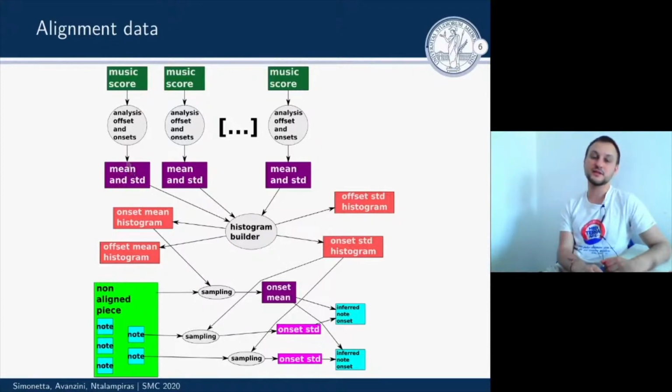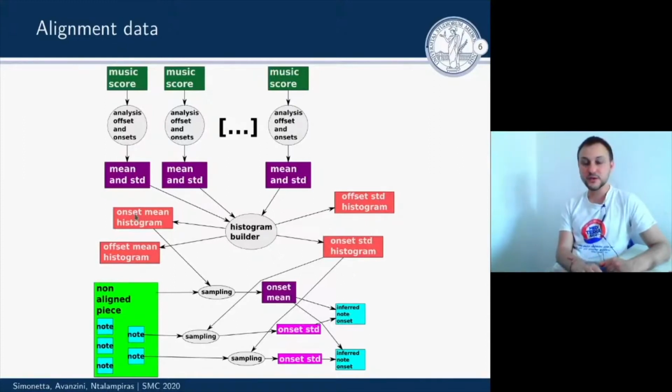Actually, the mean is computed per piece, while the standard deviation is computed per note, so this is slightly different. We end up with 4 different histograms, 2 for the onsets and 2 for the offsets. And so we have onset mean, offset mean, offset STD, and onset STD.